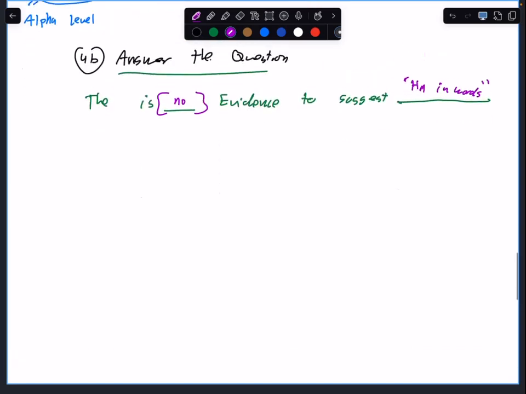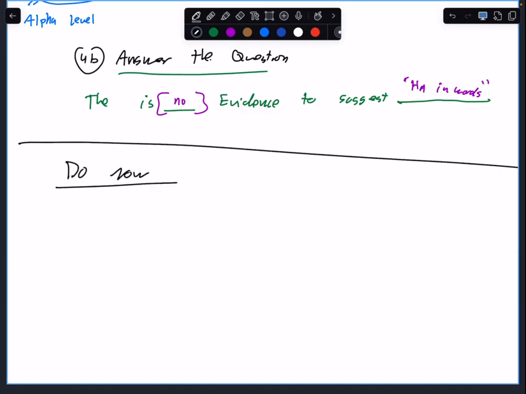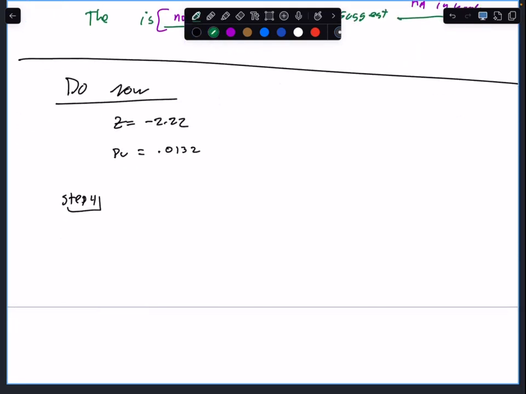So going back to the do now. Remember, the z-score was negative 2.22, and the p-value was 0.0132. So step 4, we would say: is PV less than or greater than 0.05?